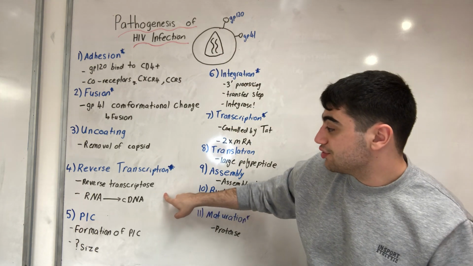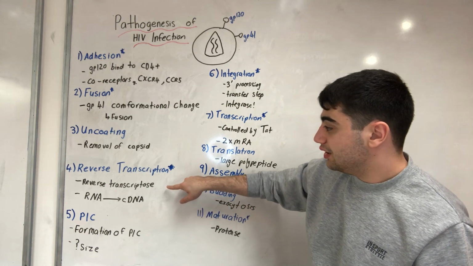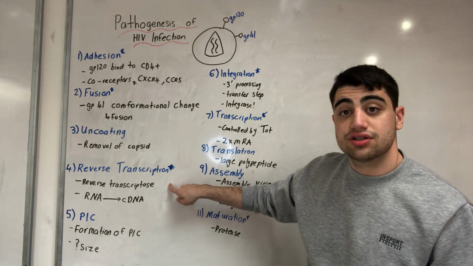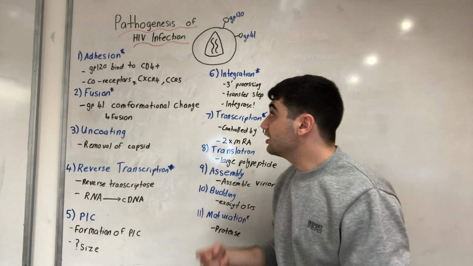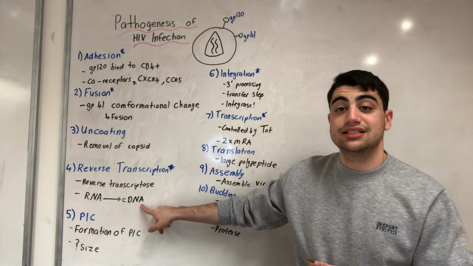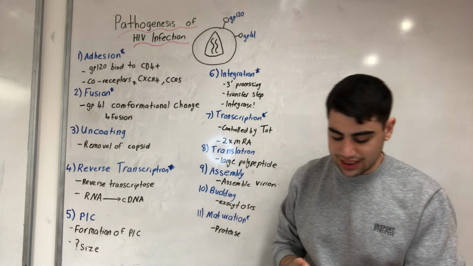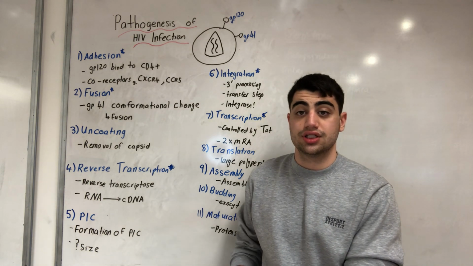The first one we're going to go through is called reverse transcriptase. Once our RNA is in the cytoplasm, reverse transcriptase plays an important role: it converts our RNA strands into complementary DNA, cDNA. If we think of the central dogma of biology, we always think DNA goes to mRNA, which goes to protein.